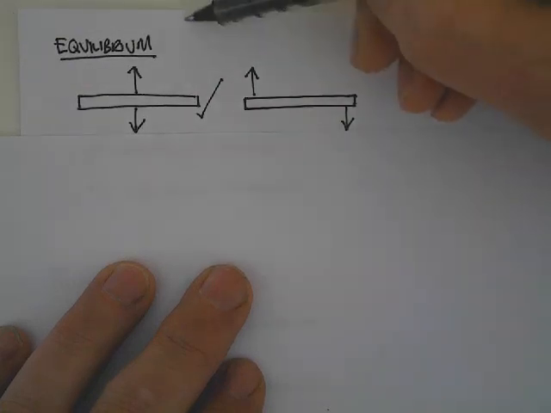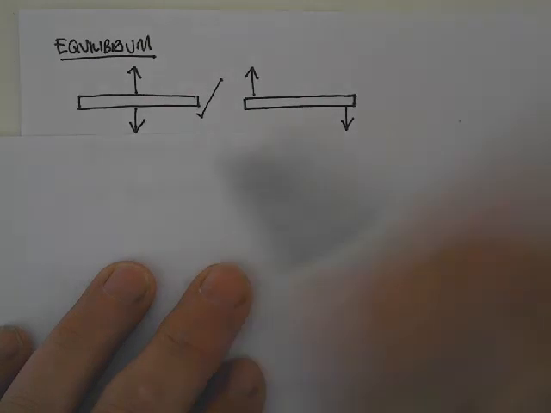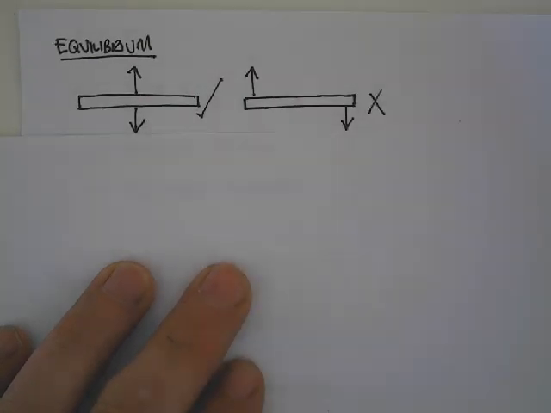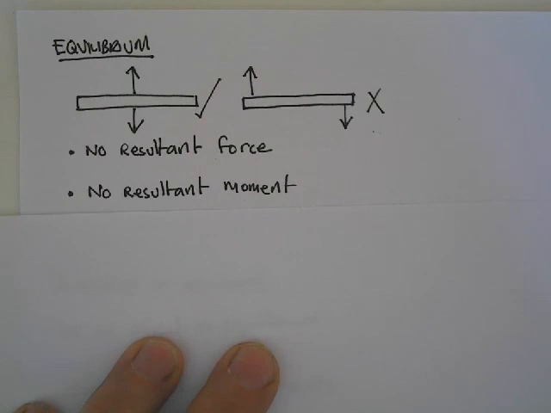This is going to rotate. So it turns out there is a second condition for things being in equilibrium. There has to be no resultant force, but there also has to be no resultant moment. So that one's not in equilibrium. So no resultant force and no resultant moment. Or sometimes you would say no net turning force.